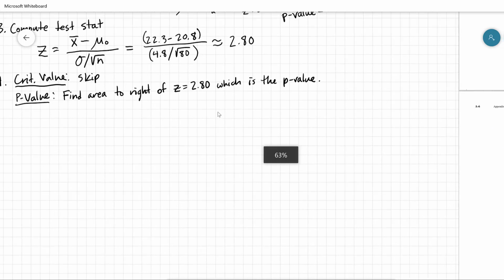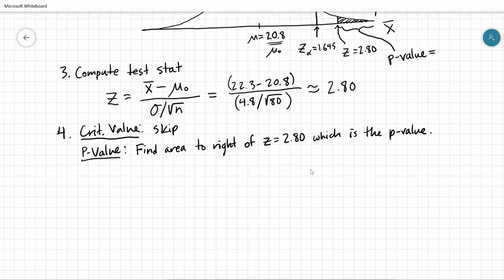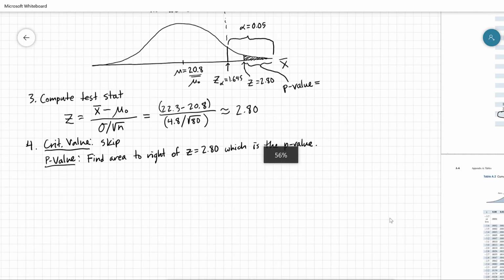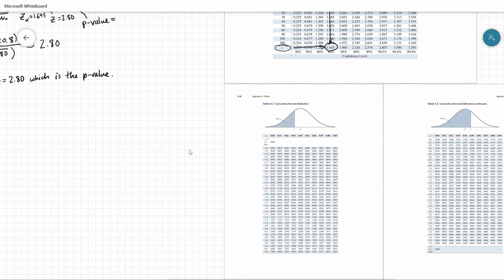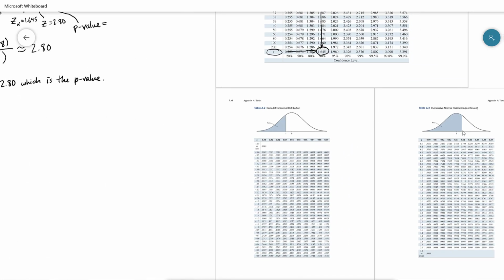There we go. So I want the area to the right of z equals 2.8. We have two ways we can do that with our tables. I can find the area to the left of z equals 2.8 and then do 1 minus that number, so 2.80. Here's that number. I can do 1 minus this, or alternatively I can recognize that the area to the right of z equals positive 2.8 is the same as the area to the left of z equals negative 2.8, and I can just look up z equals negative 2.80 as we did in class, and there's the number right there.